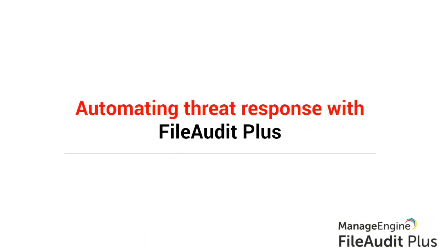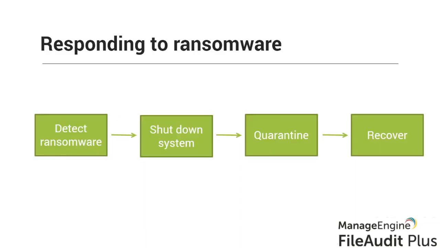So what I'm going to do now is show you how you can use our ManageEngine tool, File Audit Plus, to automate this threat response. How great is that? Because this is desirable for all of us here. We want to detect ransomware. We want to shut down the system when we detect ransomware so that we can quarantine the system, recover the data, and put it back onto the network. This is what we want to be doing. This is what all of you want, I'm sure.